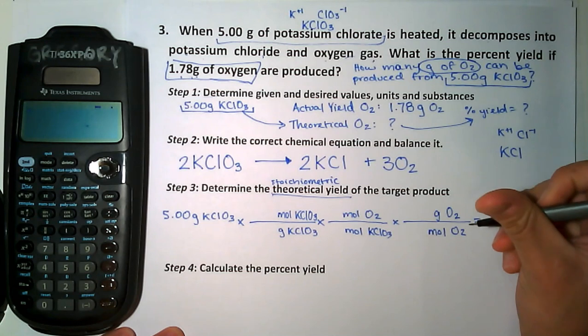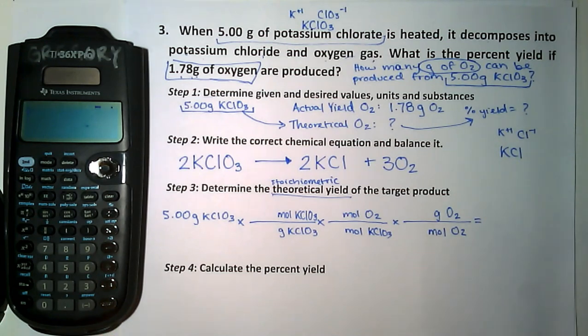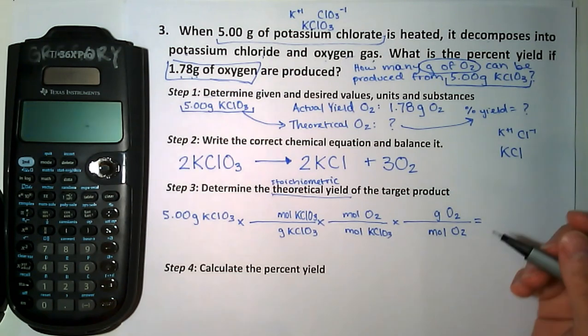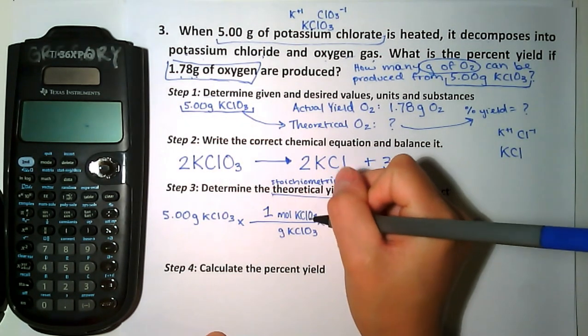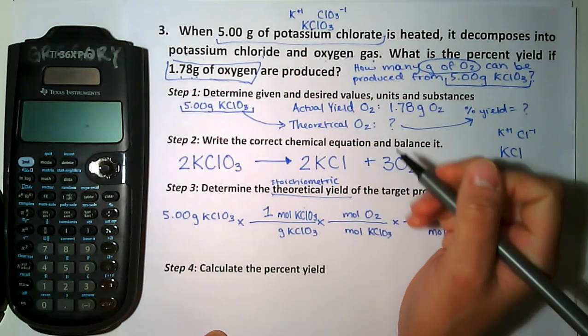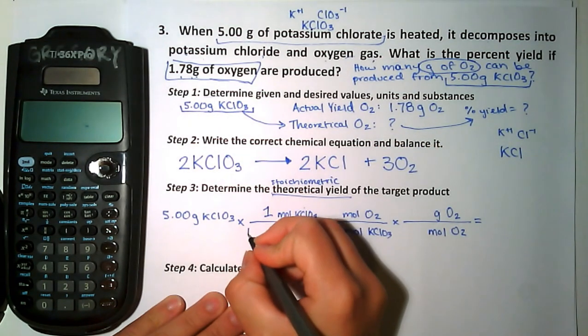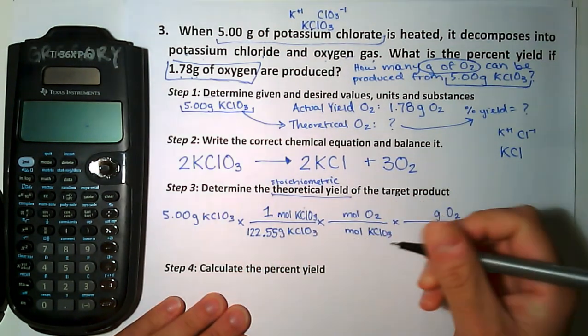To do this, we need to find some molar masses. You should know how to do this by now, so I'm just going to write in the molar masses for you here. To find the mass of 1 mole of KClO3, we add the mass of potassium, the mass of chlorine, and the mass of 3 oxygens together, which gives us 122.55 grams per 1 mole.